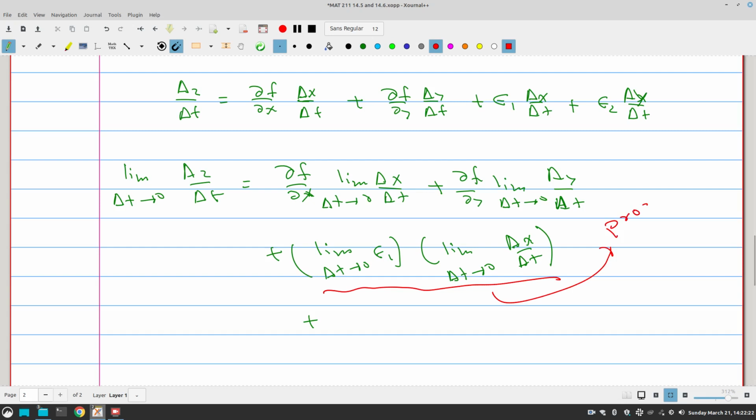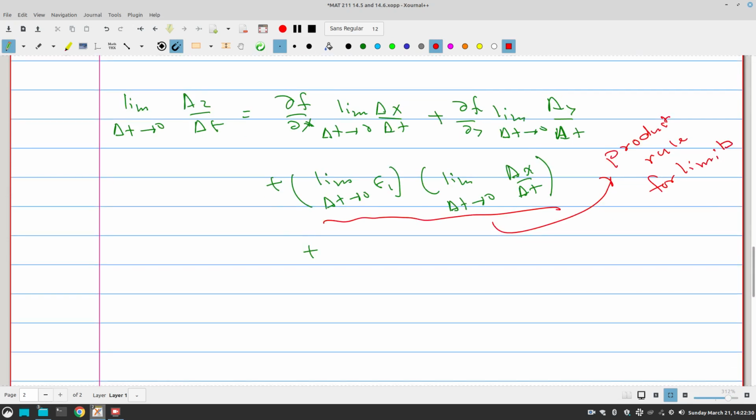And of course the last term is the limit as delta t goes to 0 of epsilon 2 times the limit as delta t goes to 0 of delta y over delta t. Again, this is due to the product rule for limits.